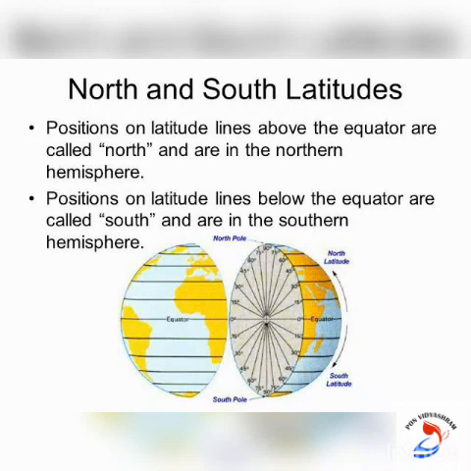Just as the northern part above the equator is called the northern hemisphere, the parallels which run to the north of the equator, that is above the equator, are called north latitudes. Likewise, the parallels which run below the equator, to the south of the equator, are called south latitudes.